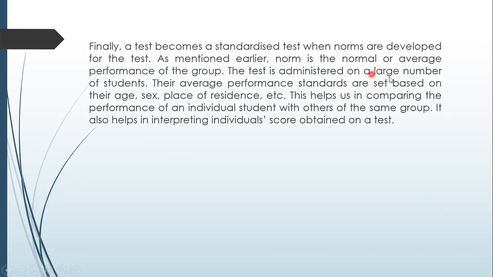The test is administered on a larger number of students. Their average performance standards are set based on age, sex, place of residence, etc. This helps us in comparing the performance of an individual student with others in the same group. It also helps in interpreting individual scores obtained on a test.